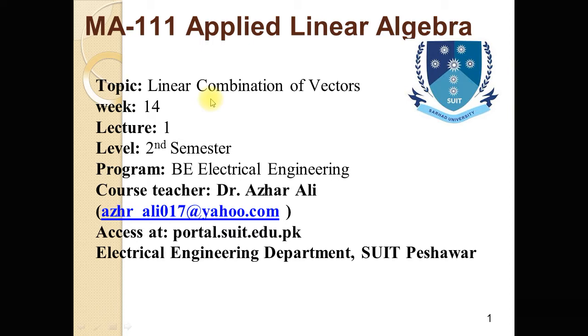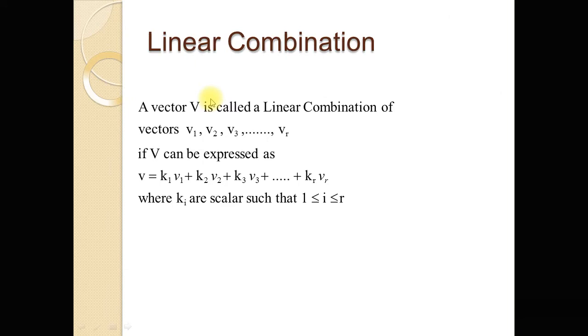Today, in this first video lecture of week 14 for the course Applied Linear Algebra, we are going to learn about linear combination of vectors. Suppose we have a vector v.